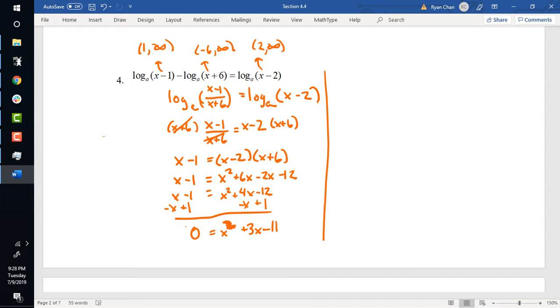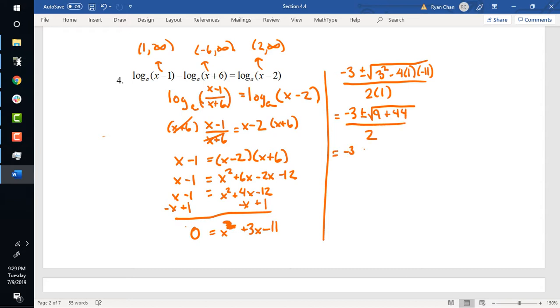So I have negative b, which is -3, plus or minus square root 3 squared minus 4 times 1 times -11 all over 2 times 1. Let's simplify this. So this is 9 plus 44 over 2.